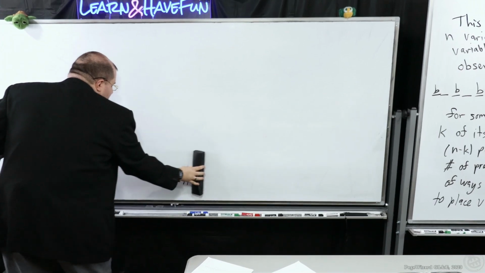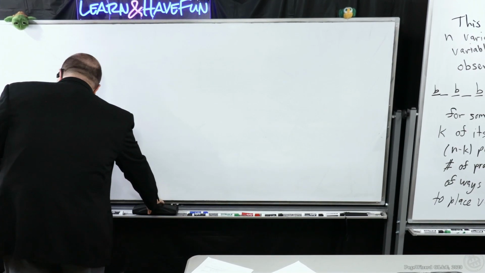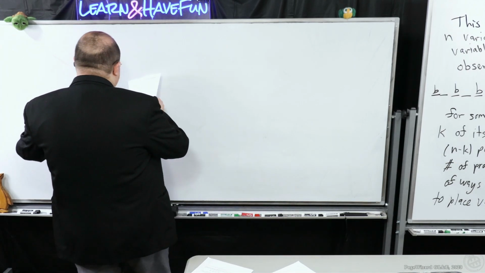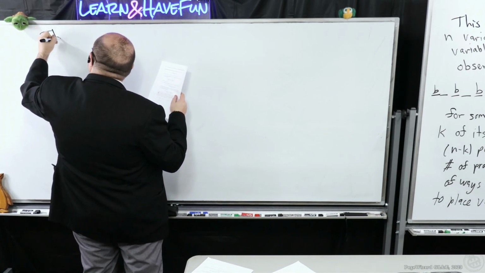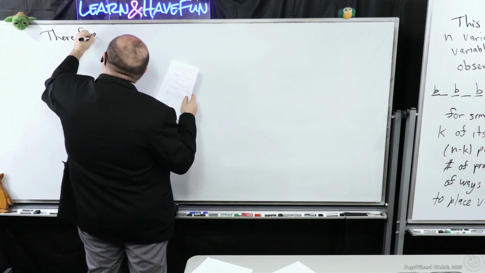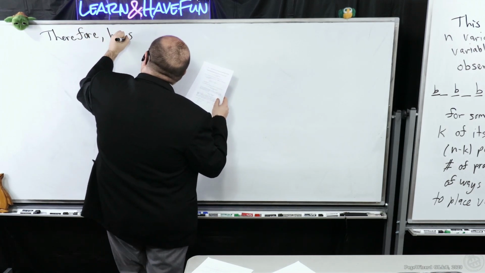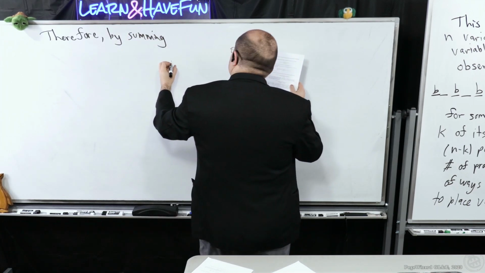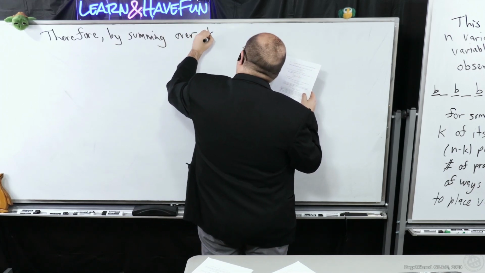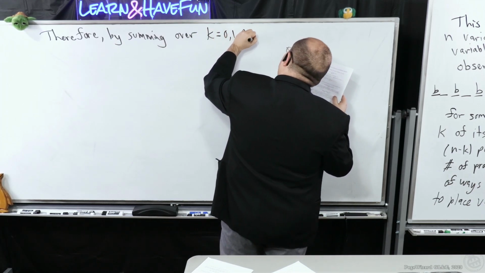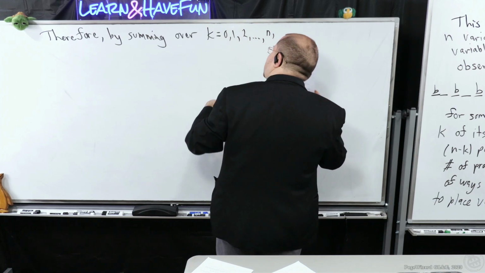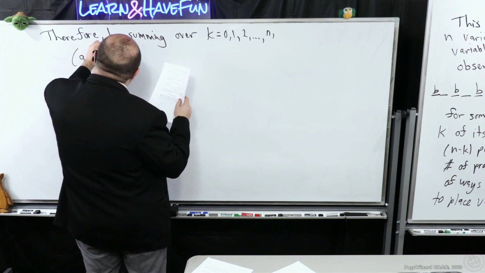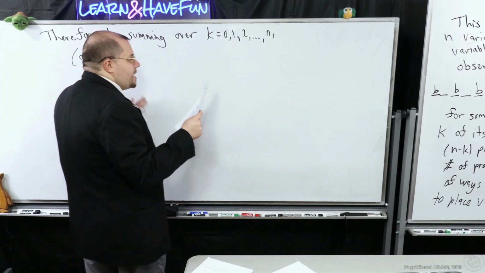That's what the resulting expansion will equal. Therefore, by summing over k equal to 0, 1, 2, all the way up to n, what does that mean? Well, it's a plus b to the power of n, right? Remember, that's what we established already.